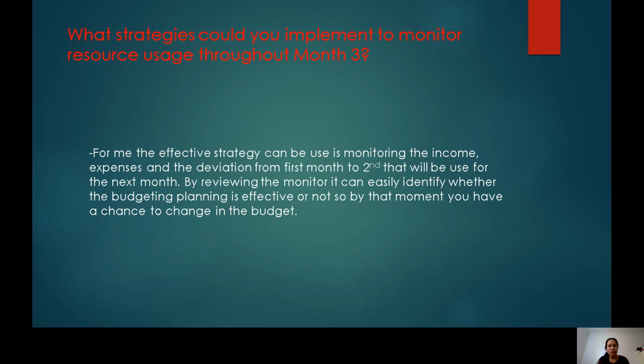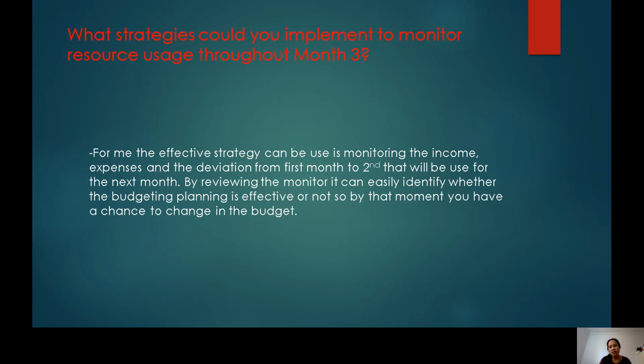What strategy could you implement to monitor resource usage monthly? For me, the effective strategy can be monitoring the income and expenses. The deviation from the first month and second month will be used for the next month.